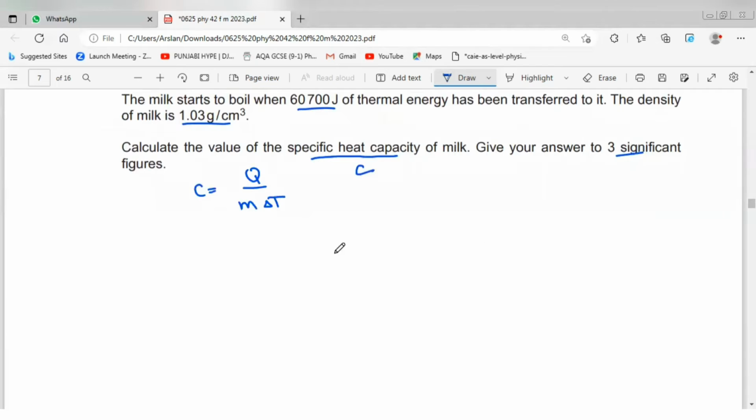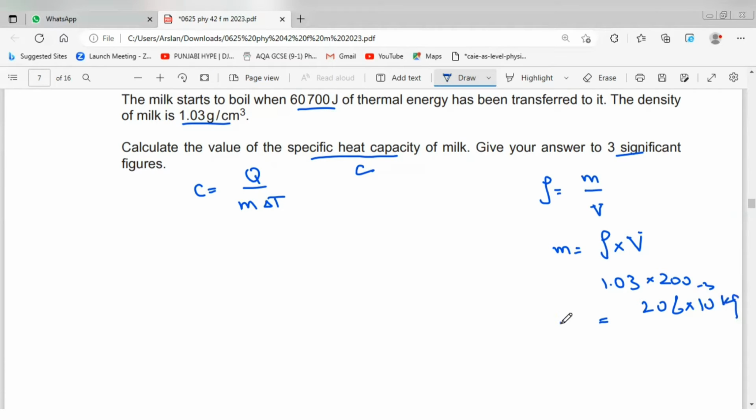You have Q, you have change in temperature, but you don't have the mass. So from density is equal to mass divided by volume, by the definition of density, you find the mass. So mass is equal to density times volume. Here density is 1.03 and volume is 200, which is equal to 206 times 10 power minus 3 kg.